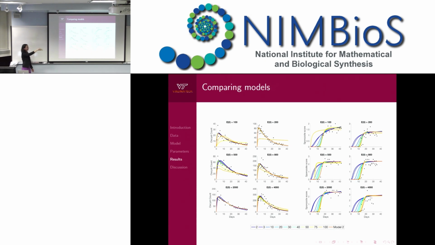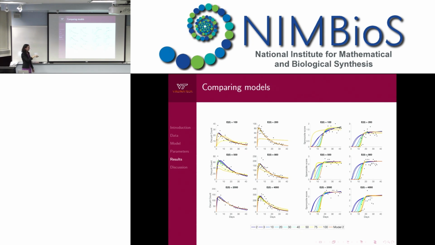And on the right-hand side, we have the sporozoites, where we've transformed them to sporozoite number. We follow the sporozoite number in the model itself. With the data, we raised the value of the sporozoite score to the power 10 to fit that.